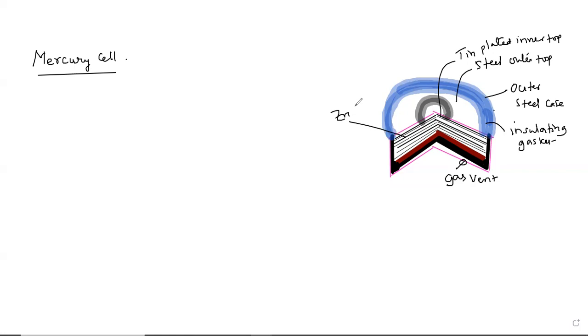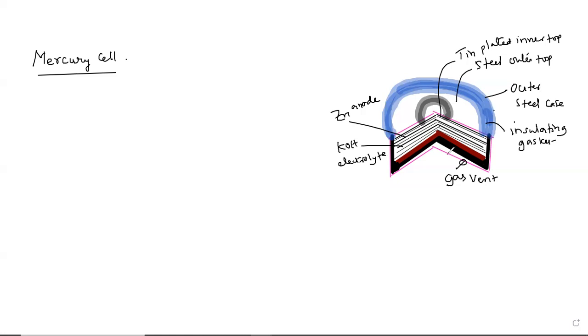The zinc anode is present in this mercury cell along with saturated potassium hydroxide as the electrolyte. The KOH electrolyte is present between the anode and the cathode.